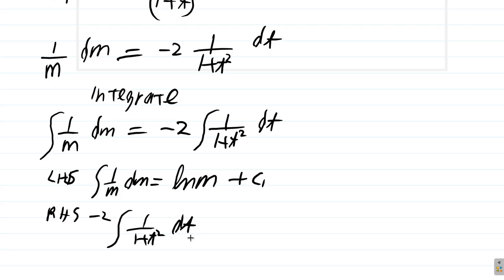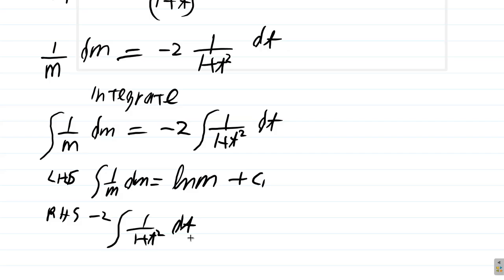Now the thing is, what you have there is a function of a function, right? You're going to integrate a function of a function. So the inside function is 1 plus t squared.